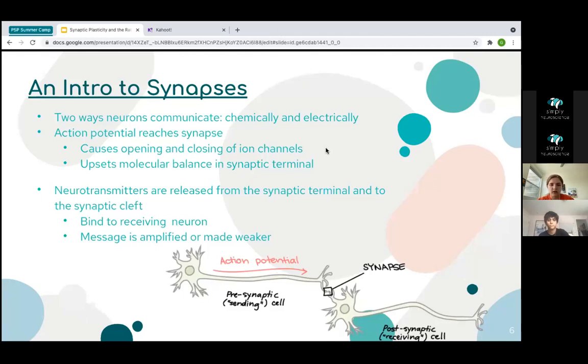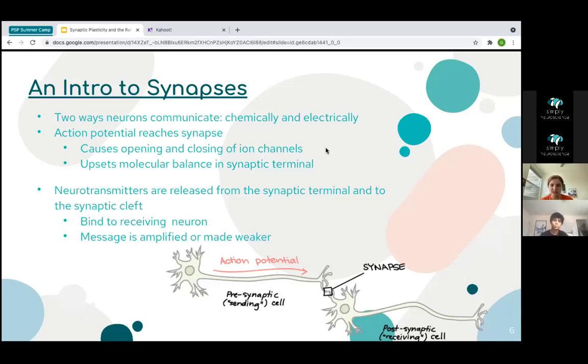As covered in the video, an action potential is an electrical signal that travels on a neuron's axon and allows the neuron to send a signal to another neuron. The action potential causes ion channels to open and close, which causes neurotransmitters to be released from the terminal. That is a lot of information, so just to cover it again real quick: the action potential is an electrical signal that travels down a neuron's axon.